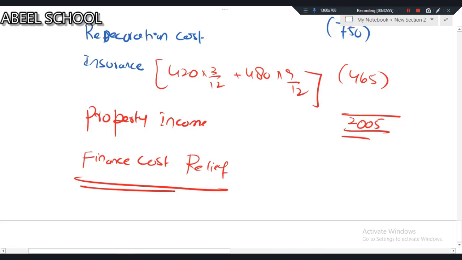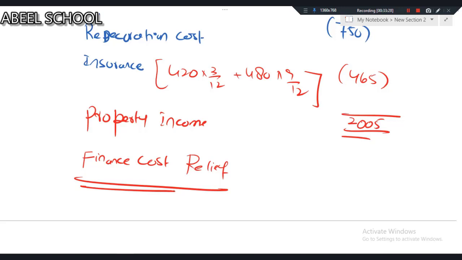Number one, it is possible that the landlord of the property has taken a loan, and then he bought the property and gave that property on rent. One possibility: someone takes a loan, buys the property, gives the property on rent. Obviously, the loan was used to buy the property, and on that loan, this individual will have to pay interest. Interest means finance cost. But that finance cost will not be deducted while calculating property income, rental income.